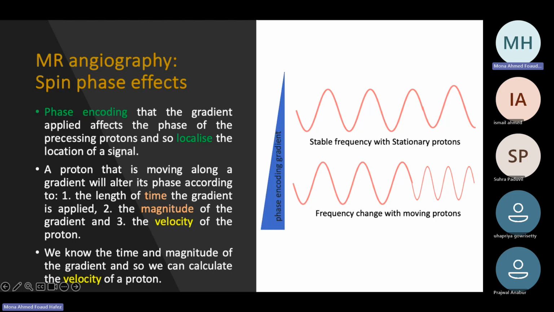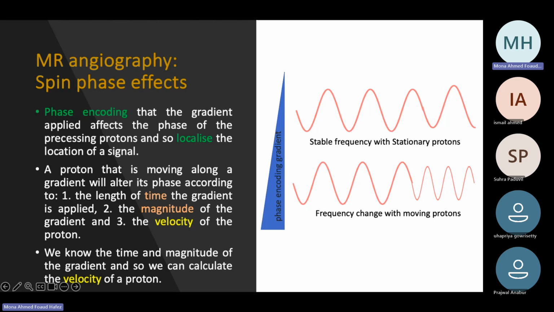MR angiography spin phase effect is produced by the phase encoding gradient. The gradient is applied to alter the phases of precessing protons and so localize the signal.